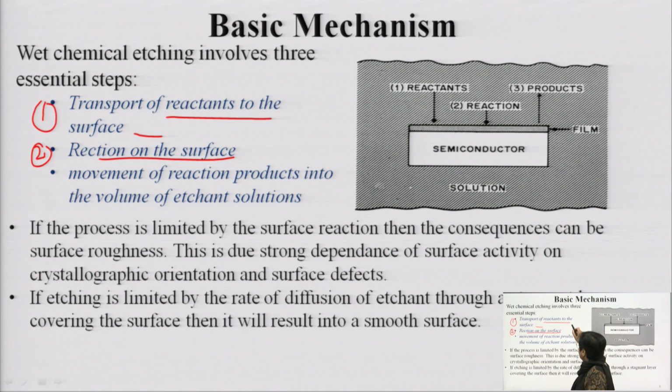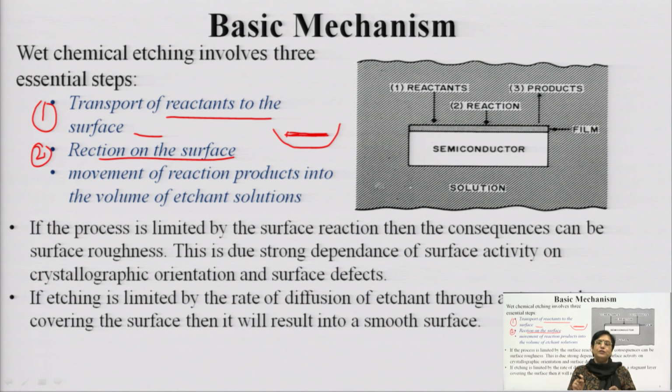Now, please understand, say I am dissolving my wafer by immersing it into some chemical agent for a particular duration. A stagnant layer gets formed on it and the reaction is happening there.